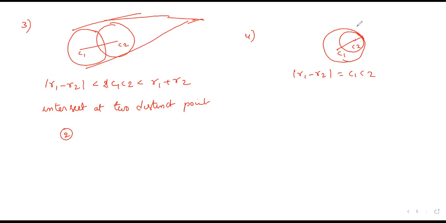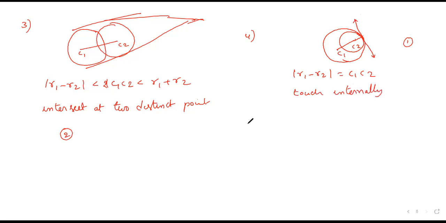In this case, we get only one common tangent, that is the direct common tangent. So the number of common tangents is only one, and the condition is mod R1 minus R2 equals C1C2, where the two circles touch internally.